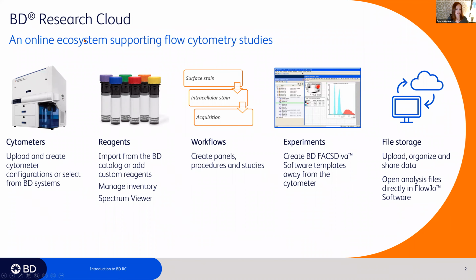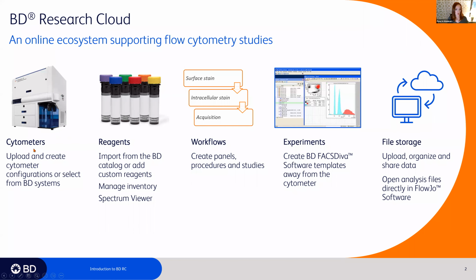At the heart of the BD Research Cloud is the cytometer. The cytometer is going to dictate what kind of panels we can do and what our experiments look like, because you can only put certain colors on certain filters and certain lasers. So there's no point in exploring reagents that are not compatible with your cytometer. At the heart of a lot of this functionality is the ability to either upload or create cytometer configurations within the BD Research Cloud.